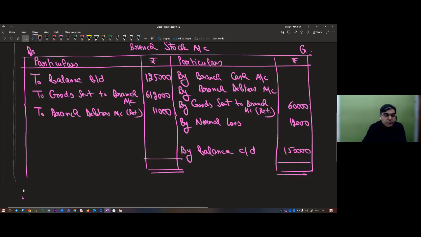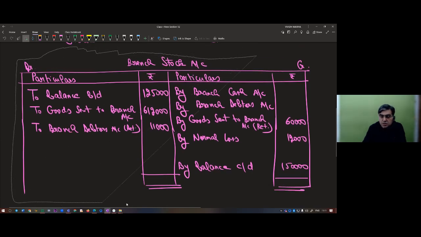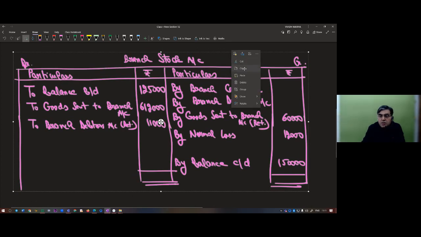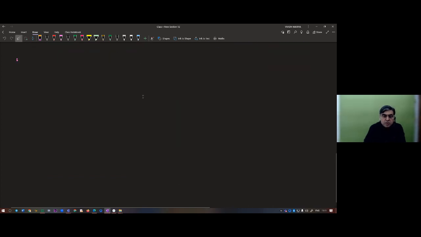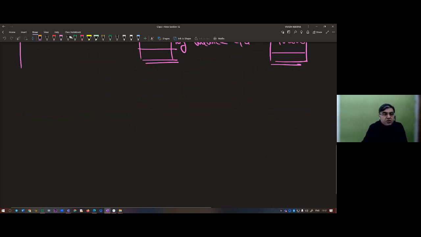Okay, we will copy it here. Why is it not being pasted? Anyway, can't help it. Let's continue. The first account is ready. We are on the second account.